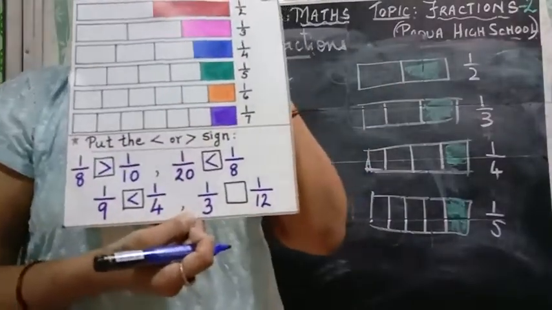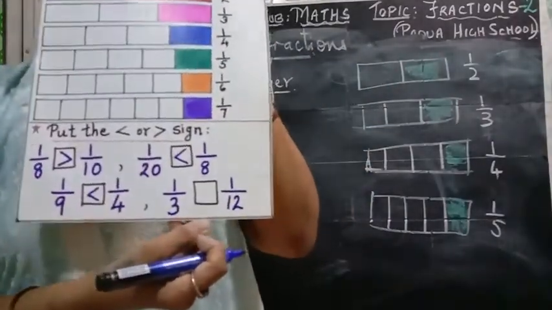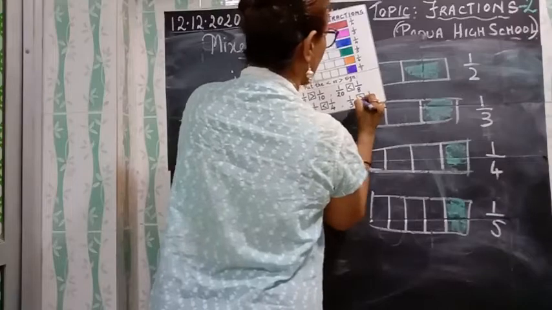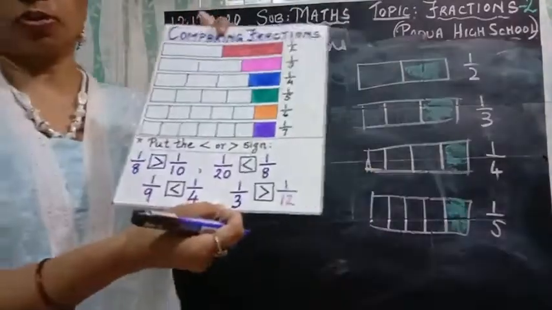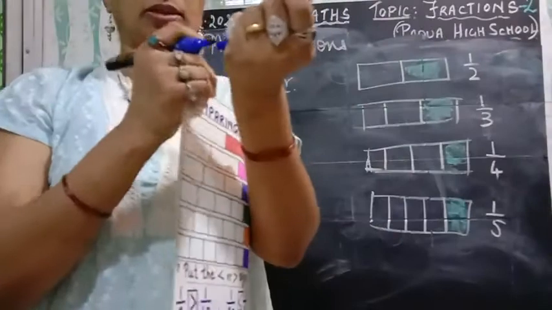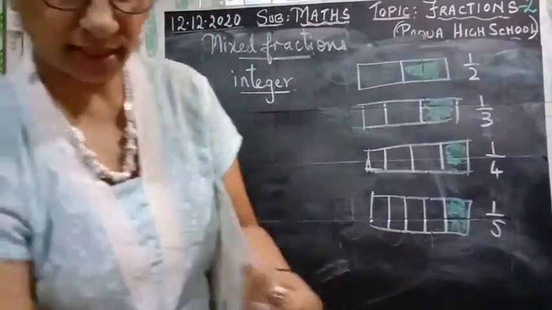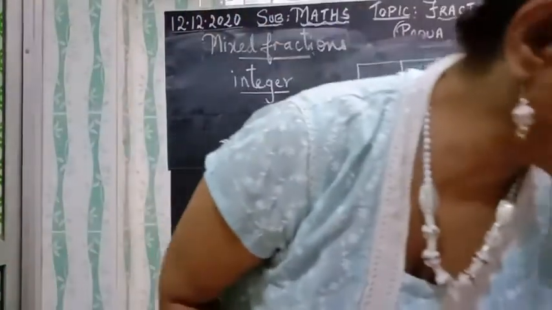Now 1 upon 3. Okay, is it greater or less than 1 upon 12? Greater than. Very good. It will be greater. Because naturally 1 upon 3 का value, the value will be more since the denominator is less. Is that clear, children?